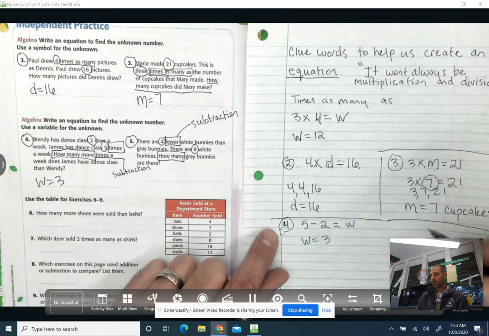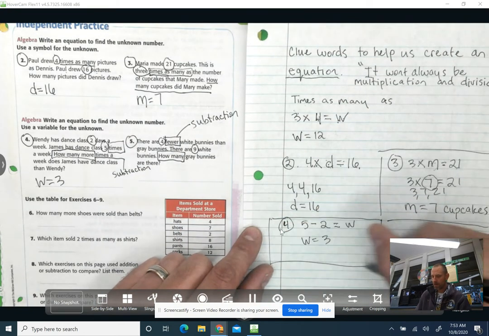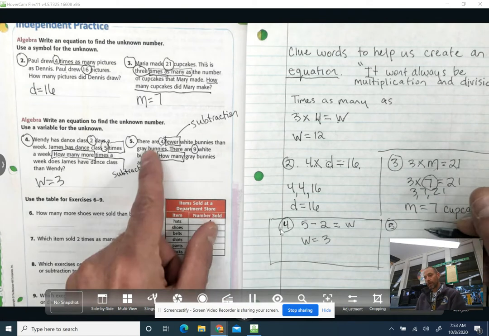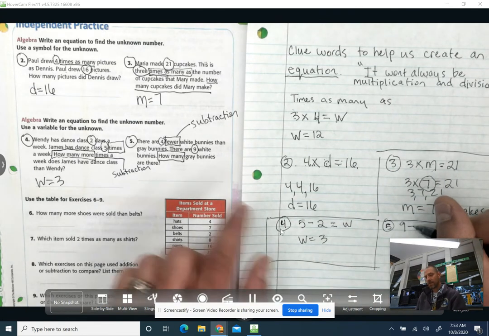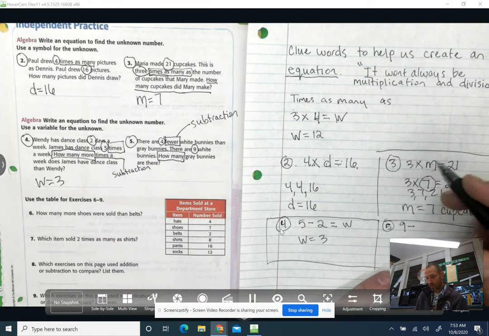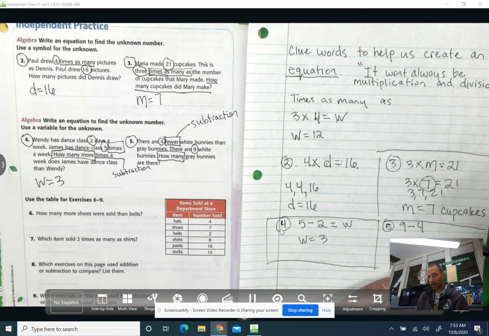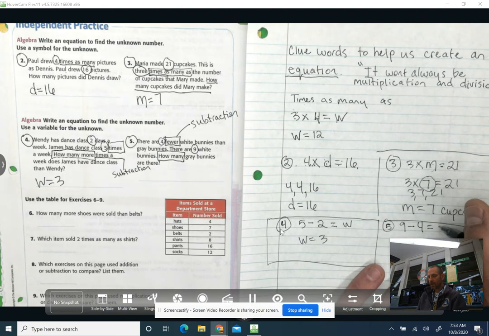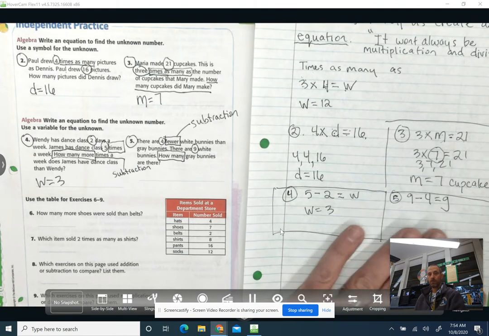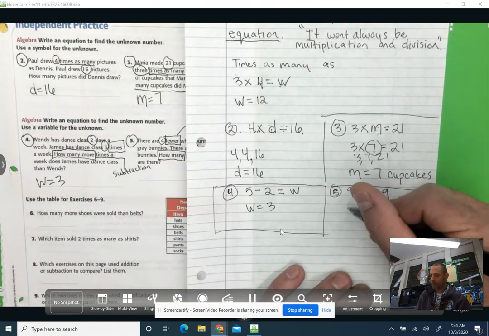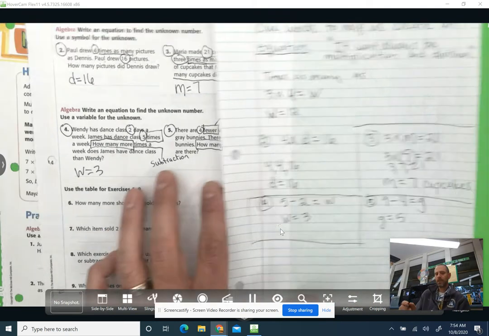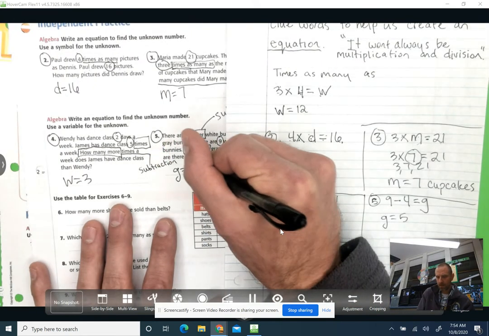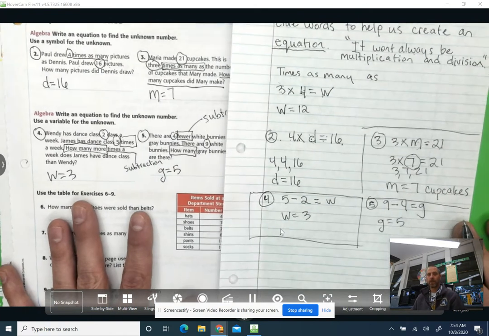So, for number 5, we are going to take our 9 white bunnies, and because it's 4 fewer, right, subtract 4, and that equals G, or gray bunnies. 9 minus 4 is 5. G equals 5.